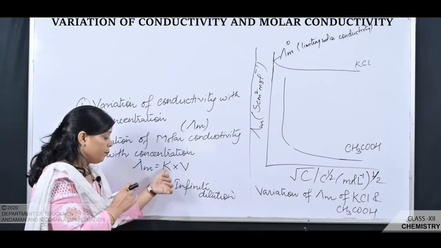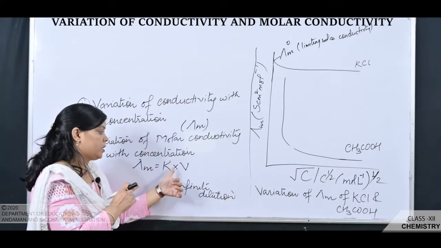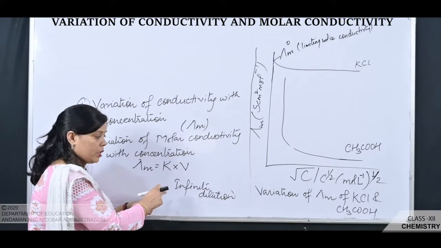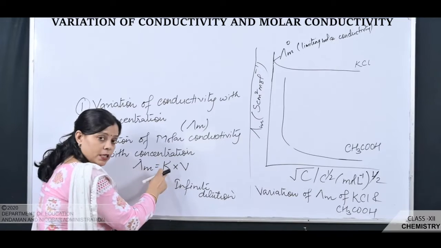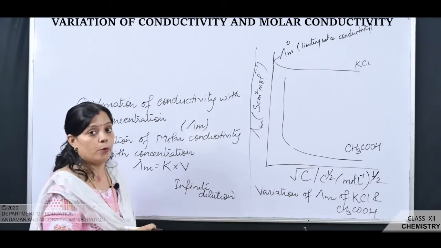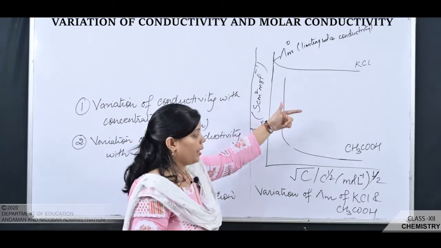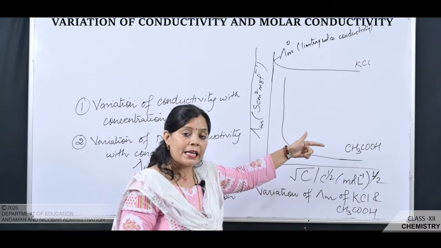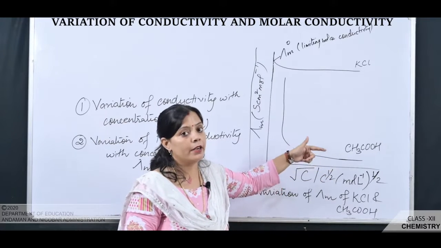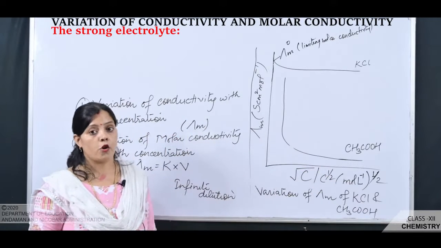Molar conductivity is equal to conductivity into volume. Since the conductivity decreases on dilution, the decrease in the conductivity is more than compensated by the increase in the volume. That's why the molar conductivity for strong electrolyte and for weak electrolyte increases on decreasing the concentration, or by diluting the solution.